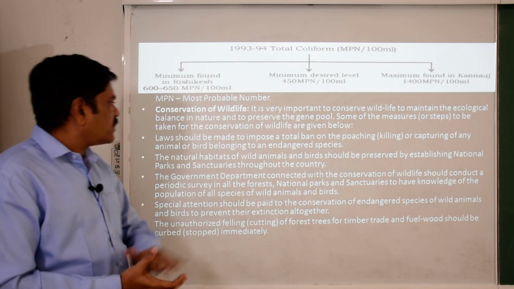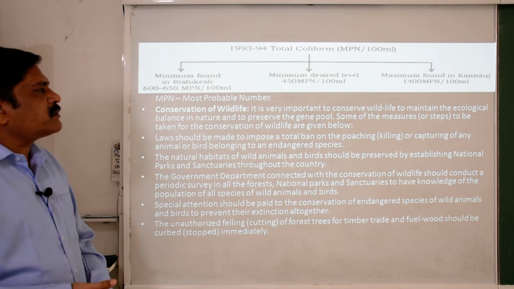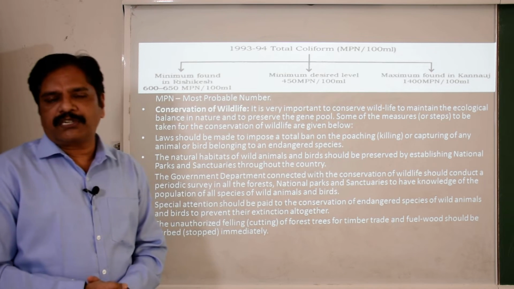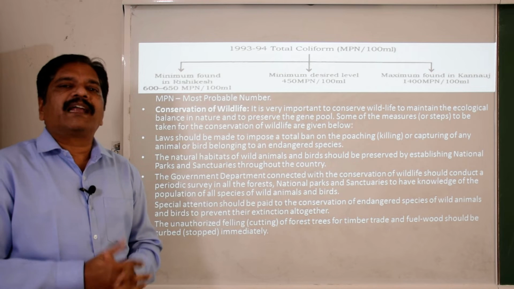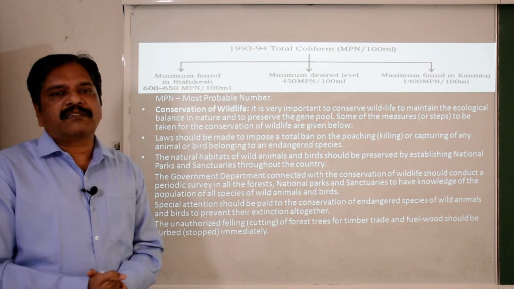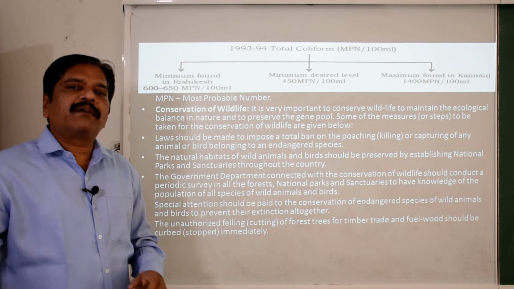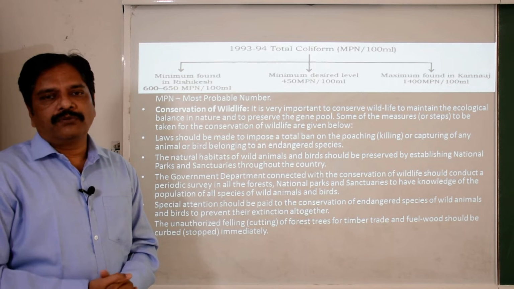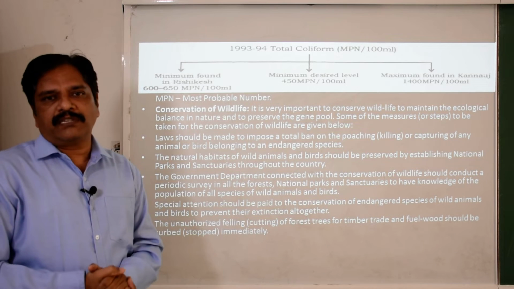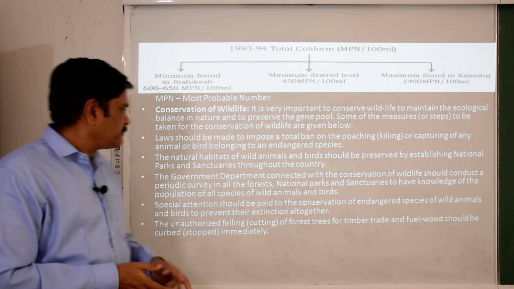The natural habitats of wild animals and birds should be preserved by establishing national parks and sanctuaries throughout the country. These animals can be protected by setting up national parks and sanctuaries. You know that in a nearby area, in Sardapu, a bird sanctuary is there for protecting the Kharmor.